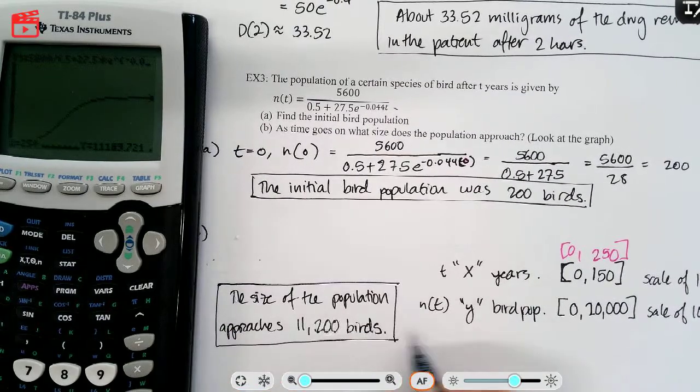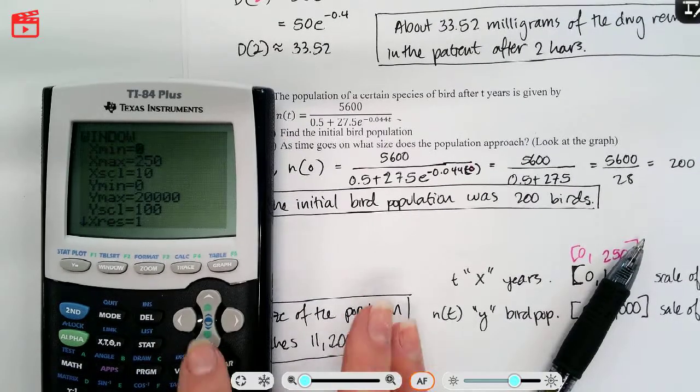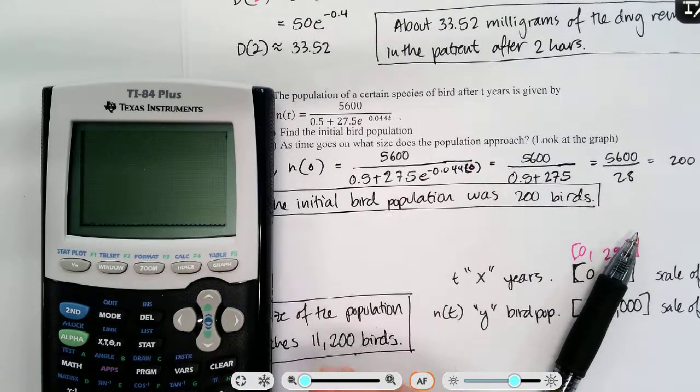If you wanted to, we could widen our window a little further just to check that. Instead of 250, we could go to 300 for the years, graph that and see what we get.